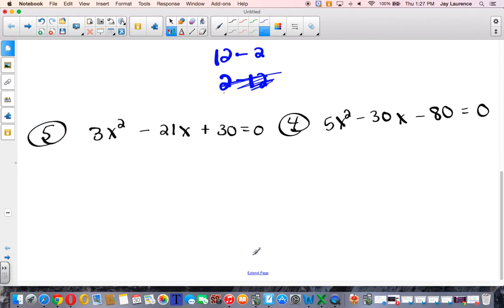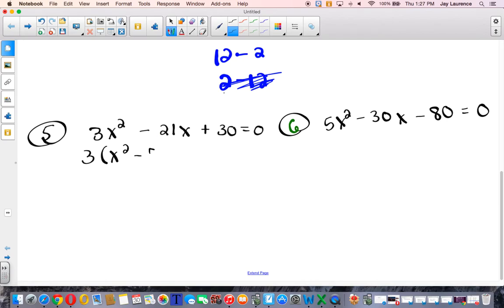All right. Now, when A is not 1 in this situation, the first thing I would look to do is GCF. Oh, that should say 6 there, silly me. So let's see how to do this one. Okay, so that's a 6. And here we go. We're going to factor out a 3.